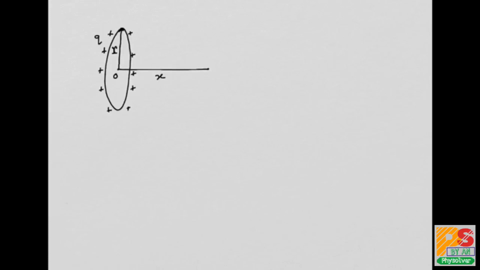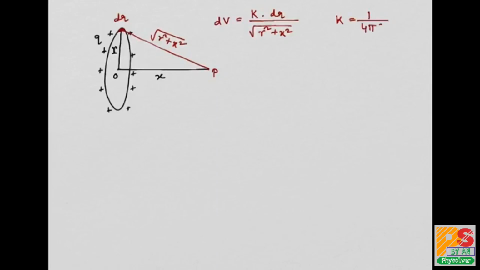Therefore, the potential due to a small element of charge dq at this point P is nothing but K into dq divided by the distance, which is root over r square plus x square. Remember, here K is 1 by 4 pi epsilon naught.